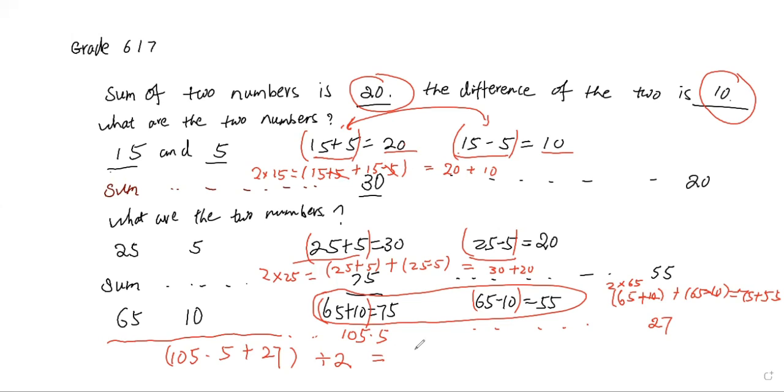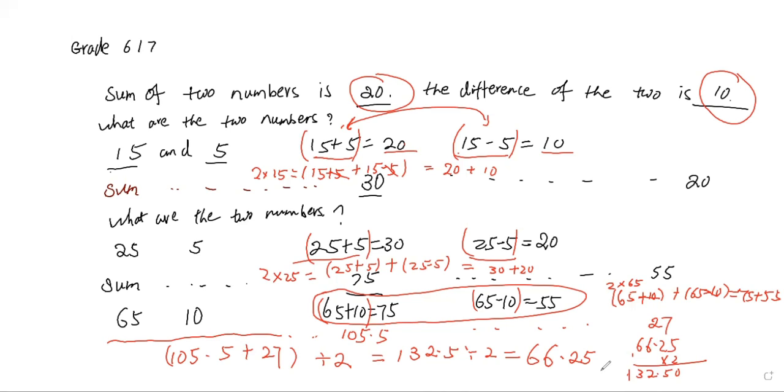So this is going to be 132.5 divided by 2, which is 66.25. To check whether this is right, you do 66.25 times 2, which is 132.5. Okay, I did it right.